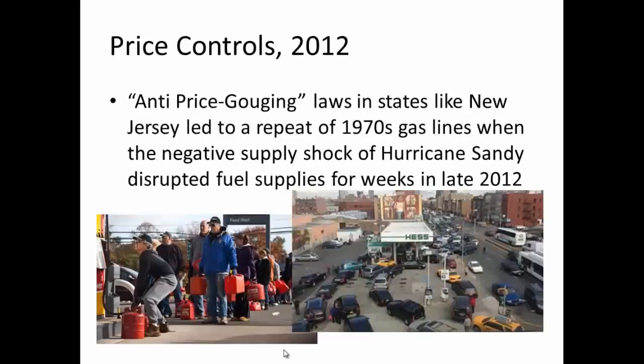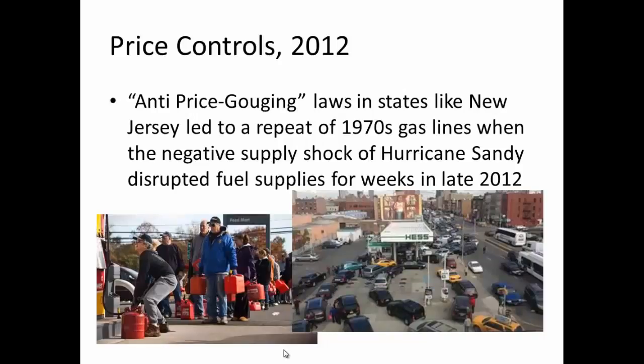Although, sadly, many U.S. states retain a version of price controls on gasoline and other goods in the form of price gouging laws. An example of the detrimental effect of price gouging laws occurred when Hurricane Sandy hit the U.S. East Coast in November of last year.